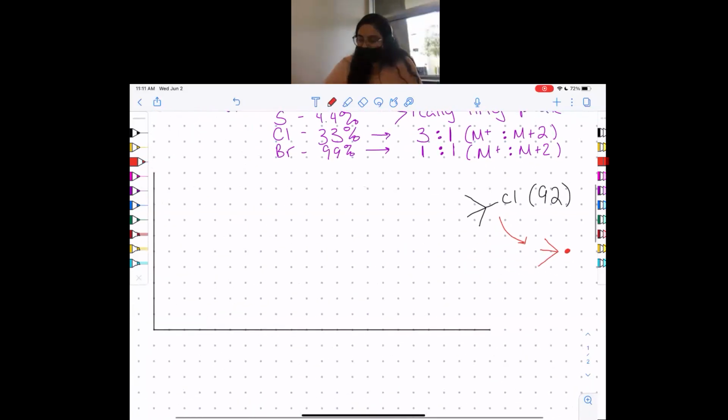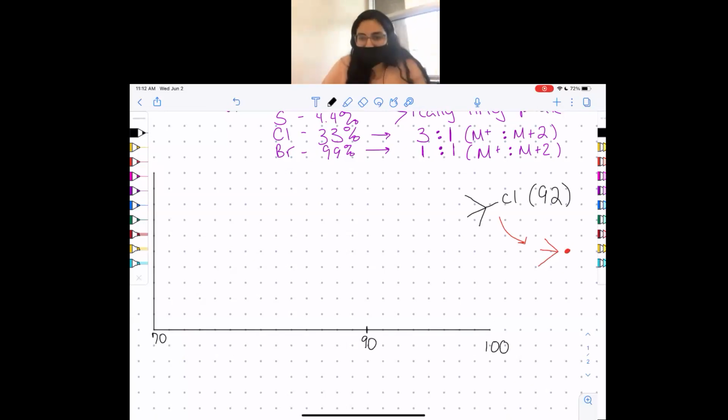So the scale here is not like in NMR where there's a set scale. In mass spec it can pretty much be anything, because it really depends on what the mass of your molecule is. So let's say it goes to like 100, and let's say this is 90, and so let's say this is 70, whatever.